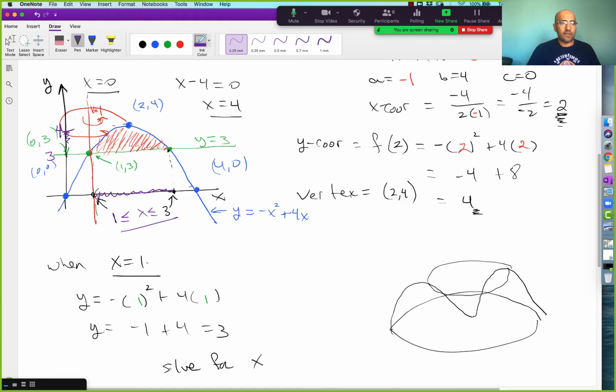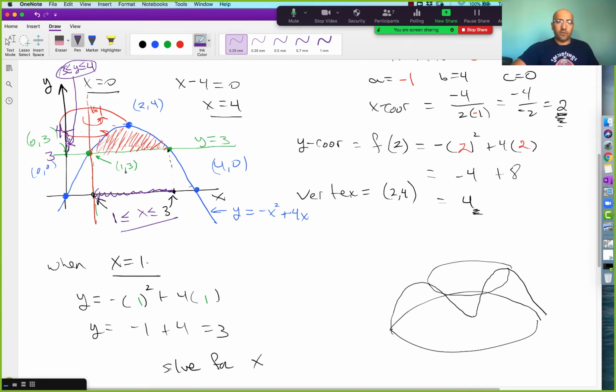Right here, y is going from 3 less than or equal to y less than or equal to 4. This is this little zone right there.